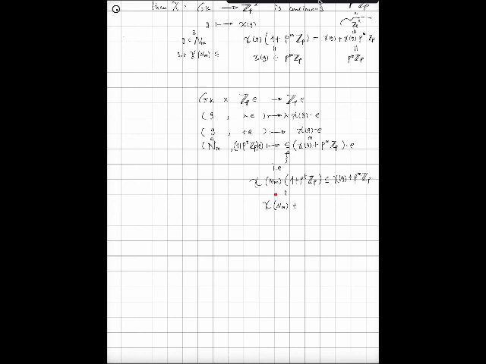the image of chi is always in Z_p star. Right, this is contained there.